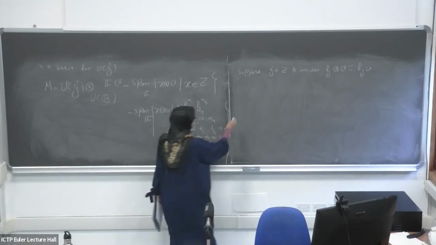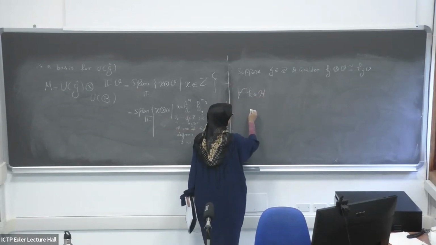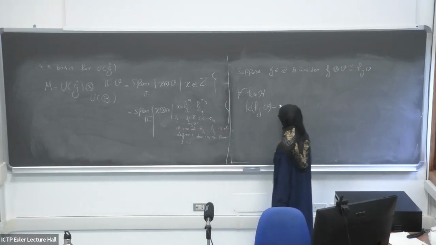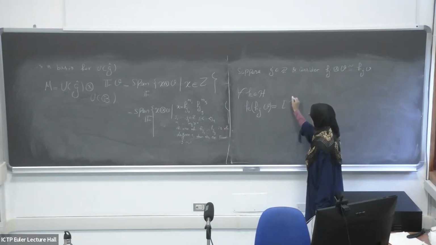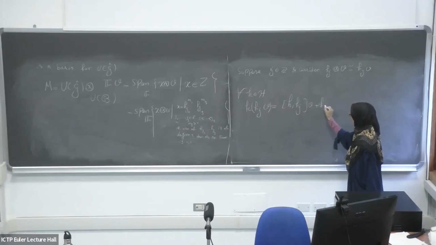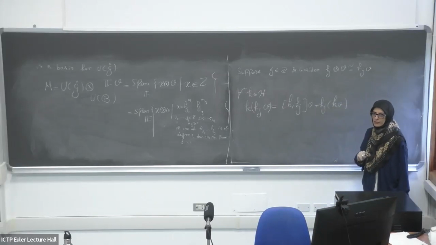And look at this, for each H belonging to H, what is this? It is a module over G hat. So it is H Fj V plus Fj HV, right?